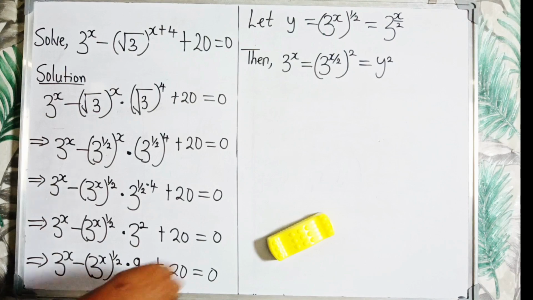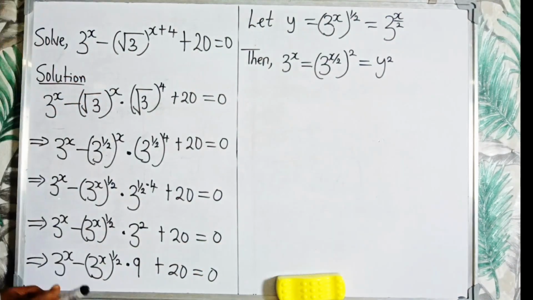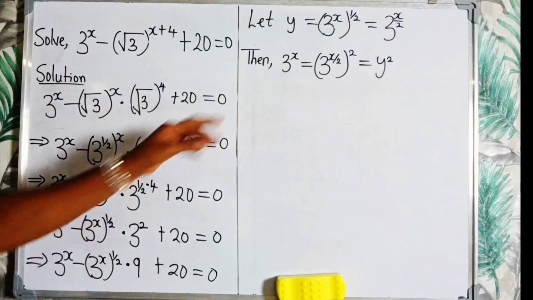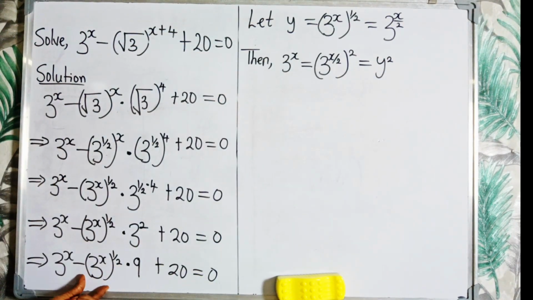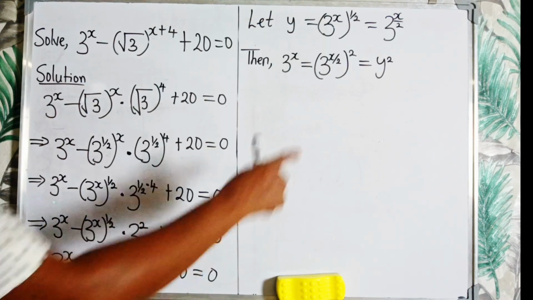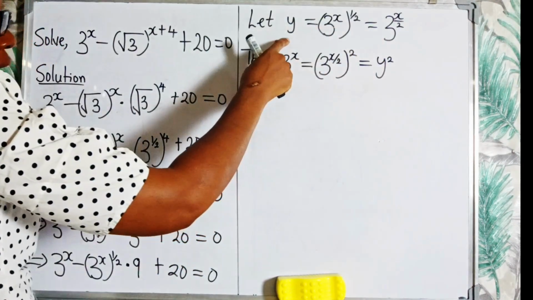Okay, so let's substitute our y into the equation. Remember, 3 raised to power x is now my y squared, and 3 raised to power x over 2 is my y.